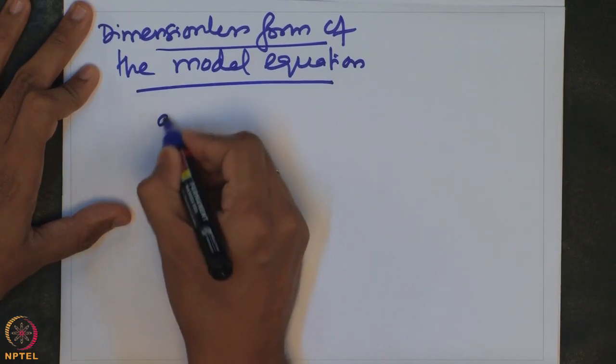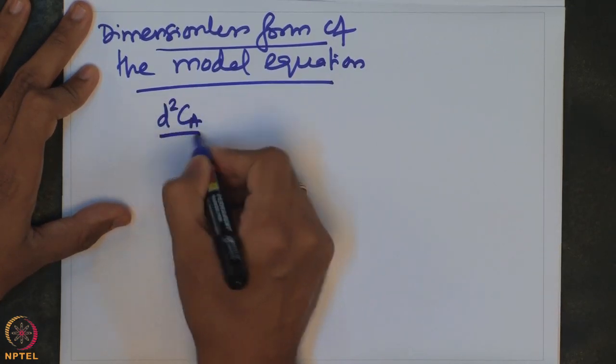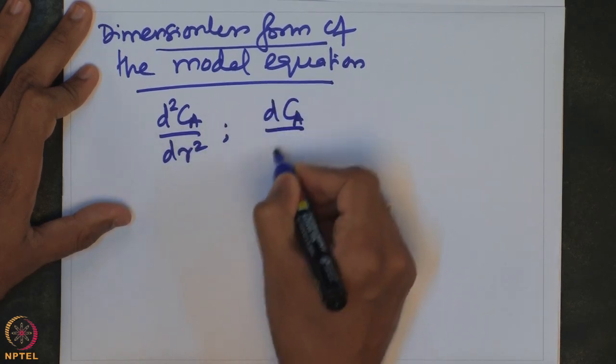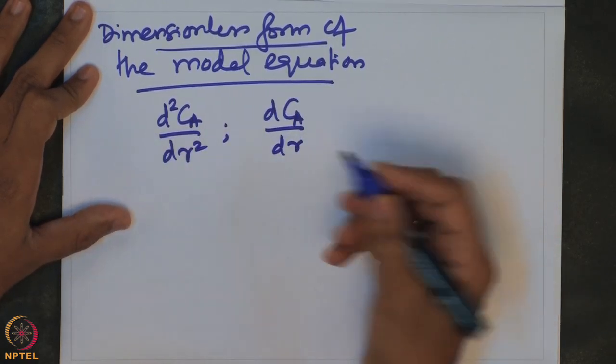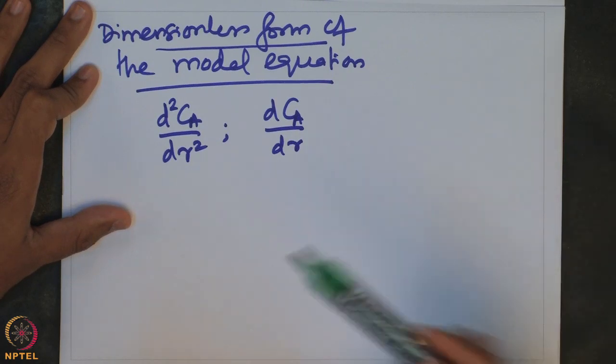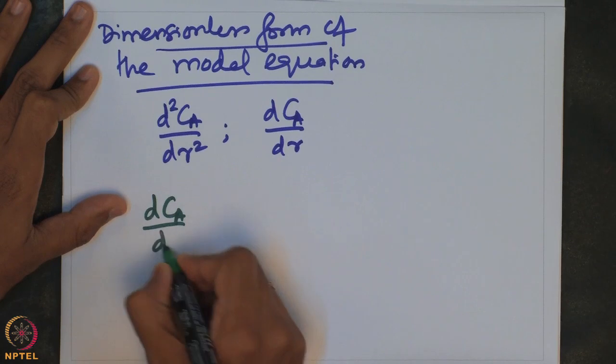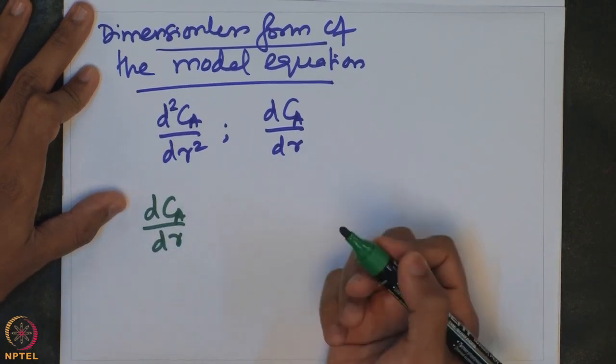So, the model equation has the second derivative of concentration with position, it has first derivative of concentration with position. So, let us try to find out what is the first derivative dCA by dr in terms of the dimensionless quantities.